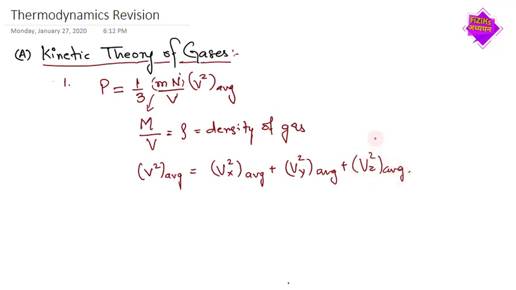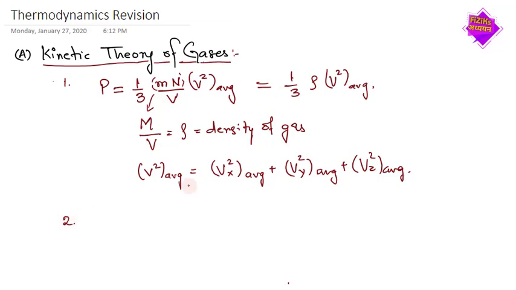What does it mean? You have N particles, you calculate the average of the square of the x component, y component and z component, and then add them, so you get v square average. So this expression can also be written as one third rho v square average. Okay, so this is the ideal pressure that is exerted on the wall of the surface.